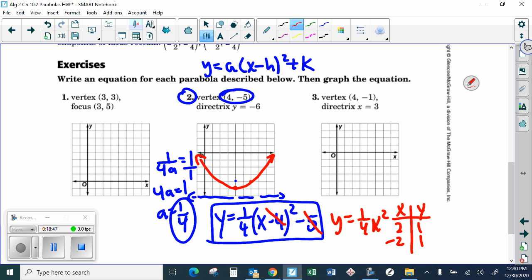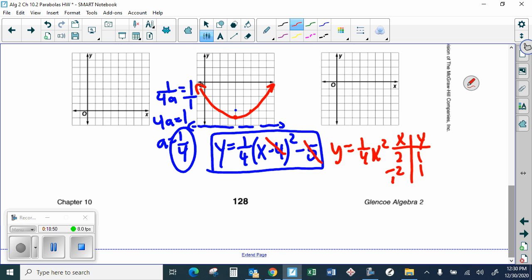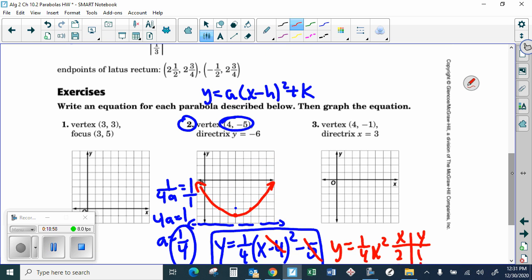If I wanted another point, the next one to cancel out would be 4 and -4. 4 squared is 16, and 1/4 of 16 is 4. So I can go right 4 and up 4.